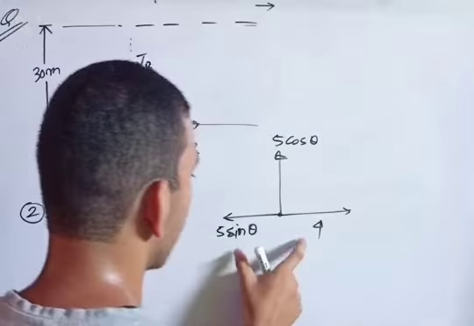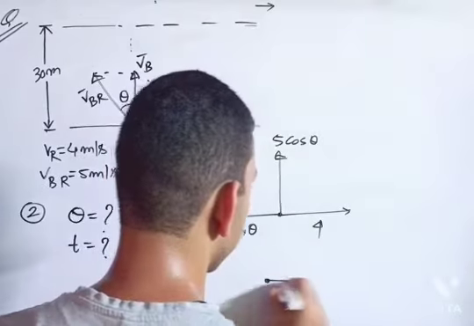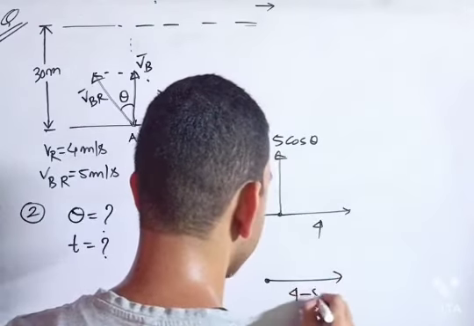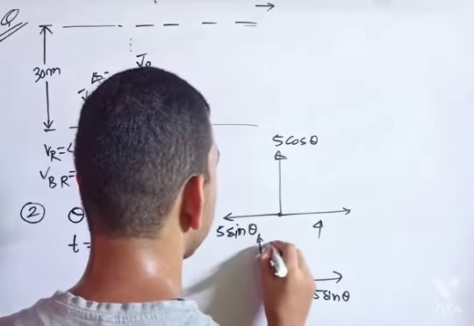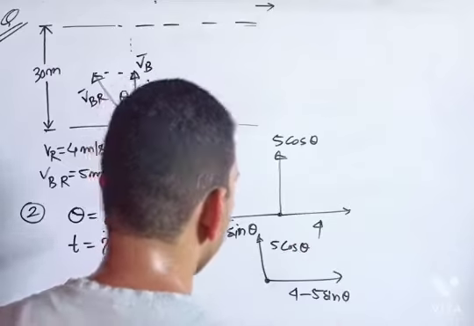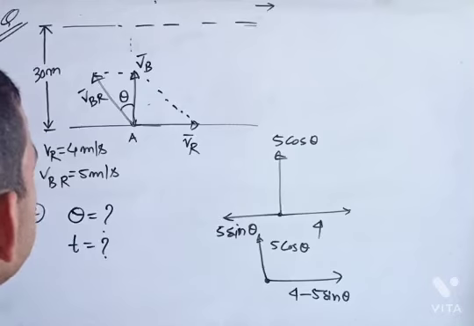Now if we solve these two vectors, we will get the next diagram, which is 4 minus 5 sin theta and this vector 5 cos theta. From here we can see that VB is basically 5 cos theta.